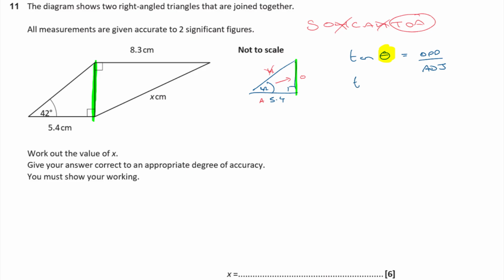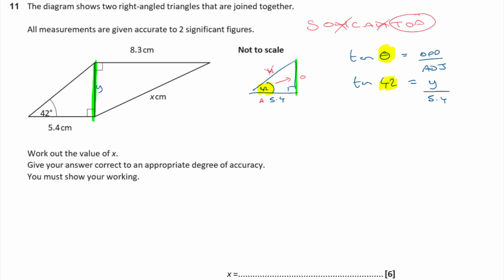So tan angle is that one there, look, 42, so tan 42. And then that's equal to the opposite, which is the one I want to find. Let's call it y for now, because they didn't give it a letter, and then divide that by the adjacent, which I know is 5.4.